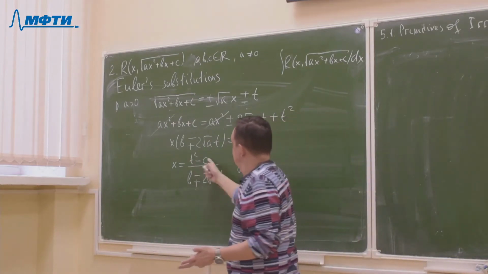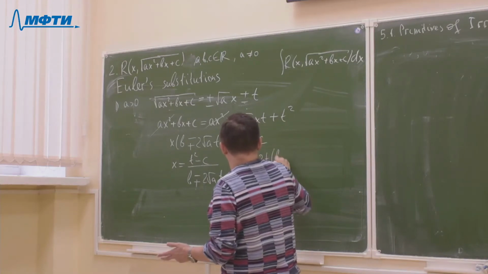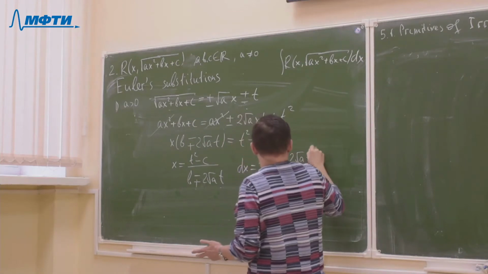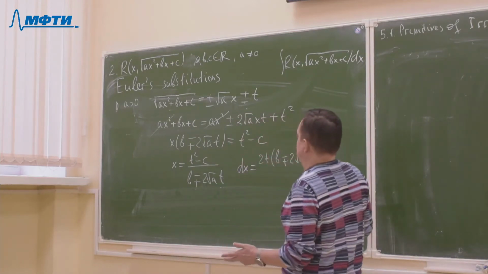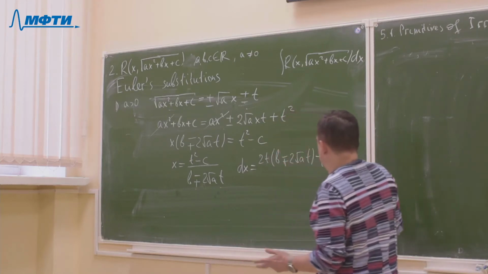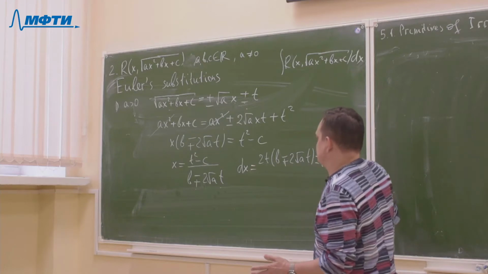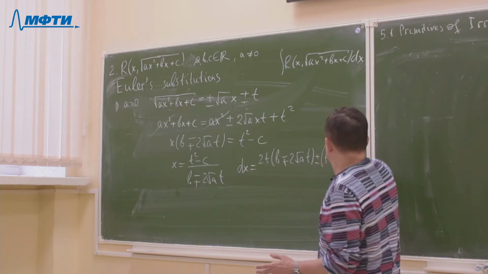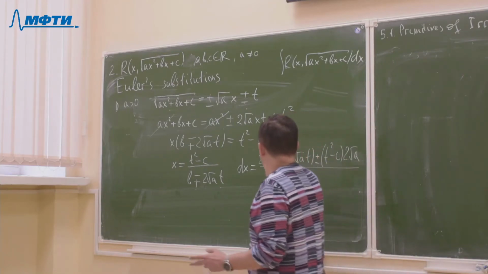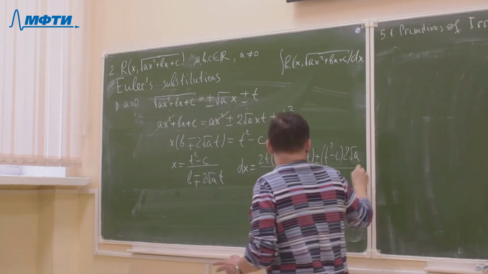Just take the derivative of the numerator: 2t times (b minus plus 2 square root of a t) minus (t squared minus c) times the derivative here, which is minus plus, so plus minus 2 square root of a, over (b minus plus 2 square root of a t) squared, dt.